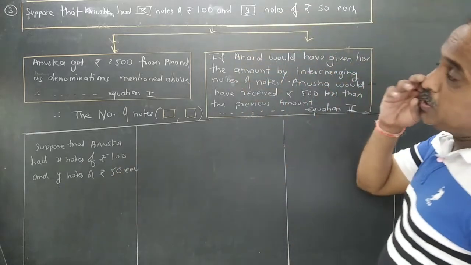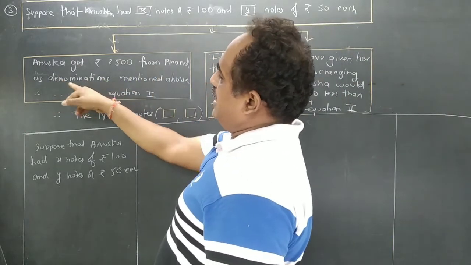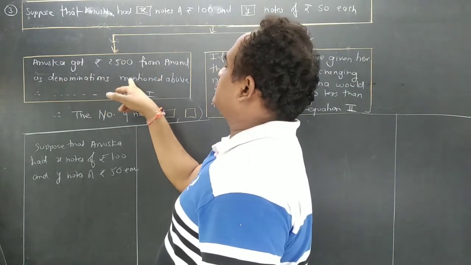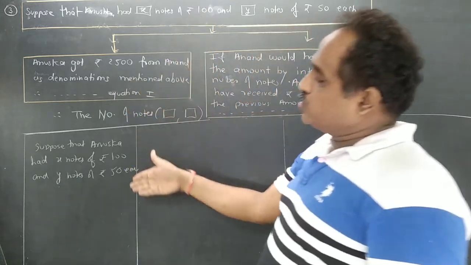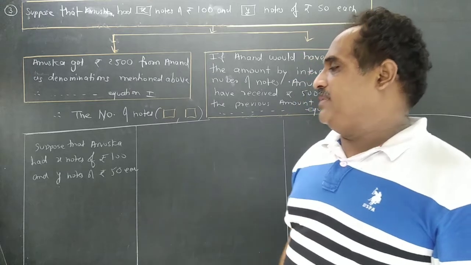Now, Anushka got 2500 rupees from Anand as the denomination mentioned above. These are the notes, the number of notes. In this form, where did she get it from? She got it from Anand.